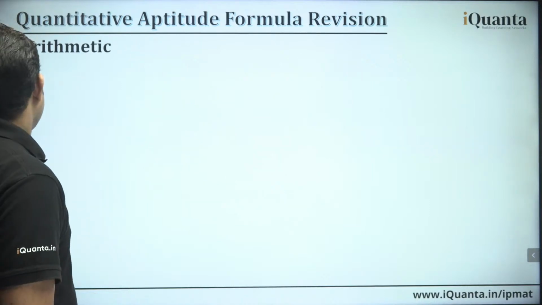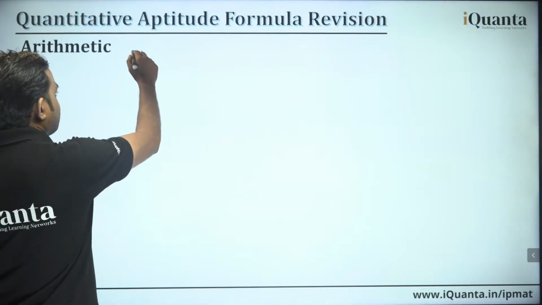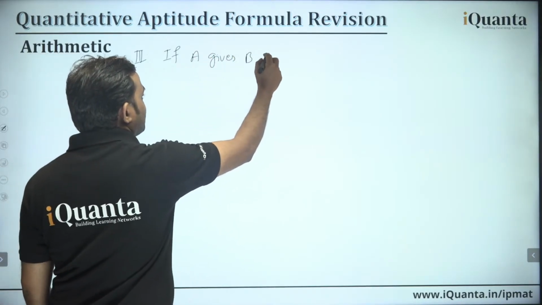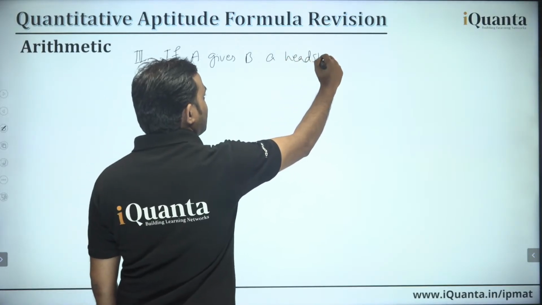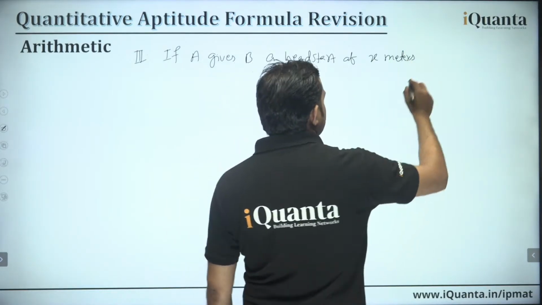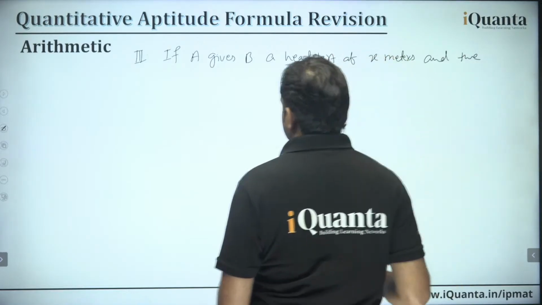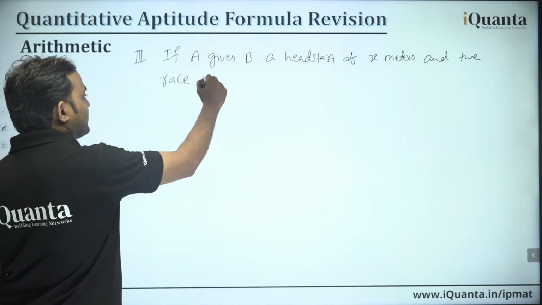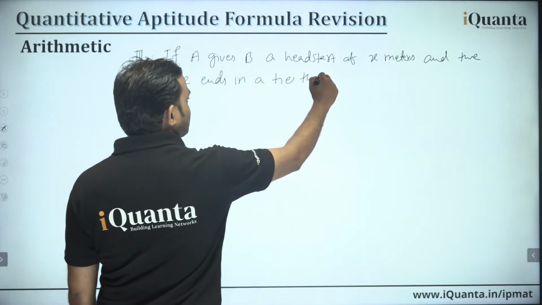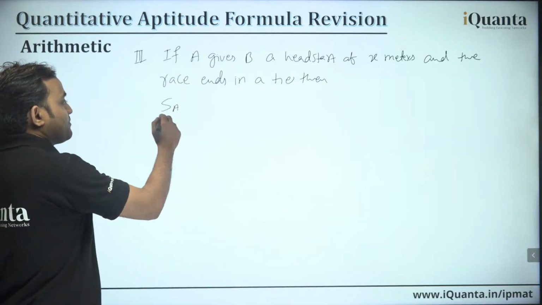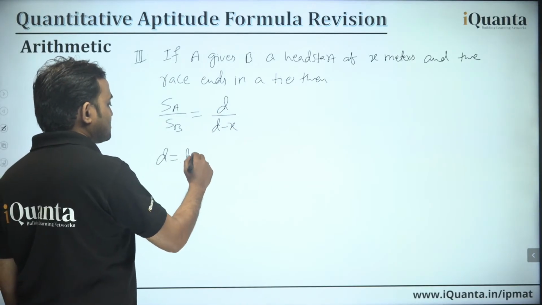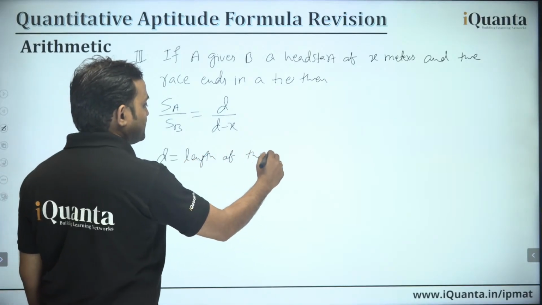All right then. The next one, the third type in linear races: if A gives B a head start of X meters, and the race ends in a tie, then again speed of A upon speed of B will be equal to D upon D minus X, where D is the length of the race.